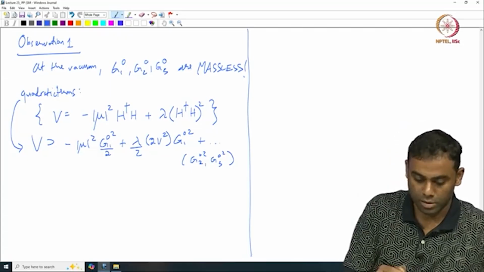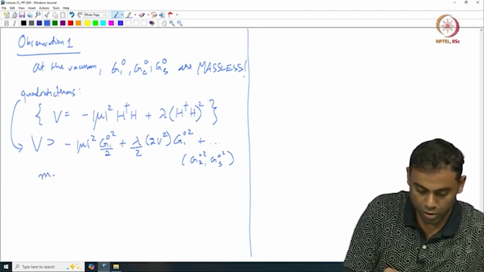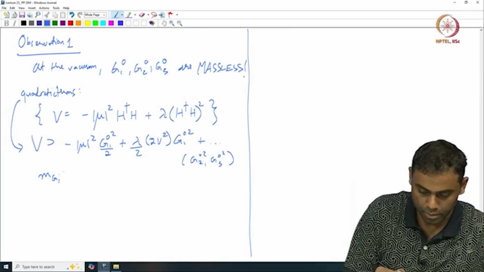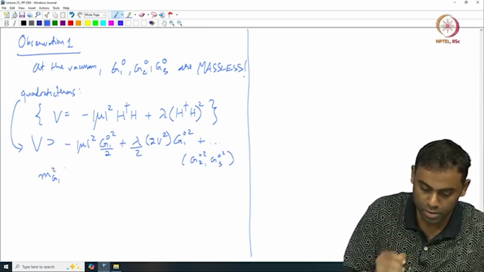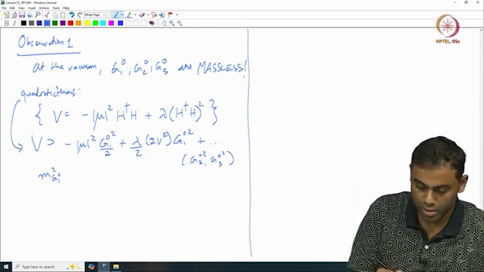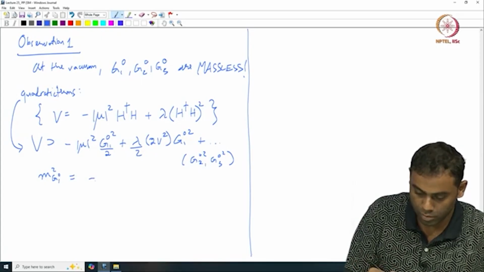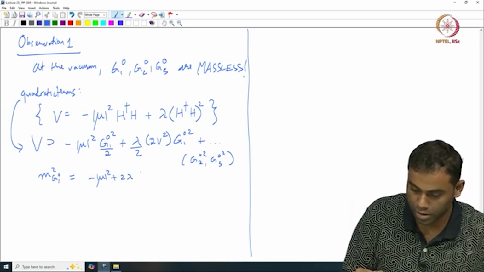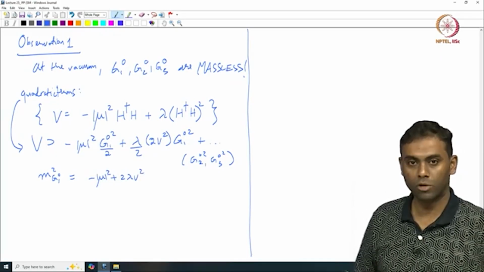So, that is the mass. So, mass of G1 squared, sorry, the mass of G1, if I square it, that is nothing but minus mu squared plus 2 lambda V squared. What is this?